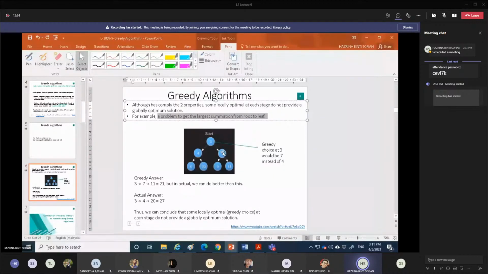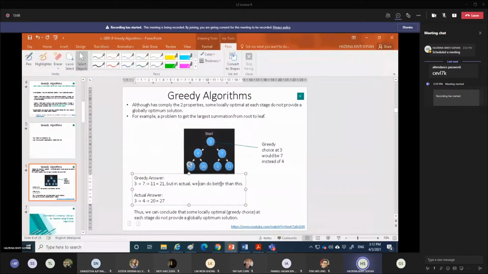For your information, this is slightly different from our previous slide. So we will choose 7 instead of 4, and then after we choose 7, we will choose 11 because 11 is bigger than 9. So the greedy answer is 3, 7, and 11. The total we get is only 21.